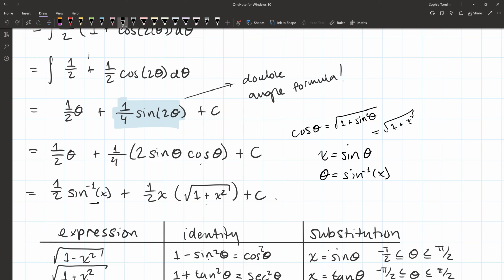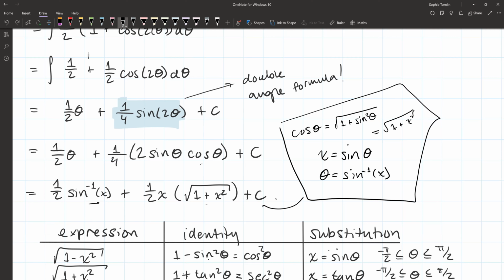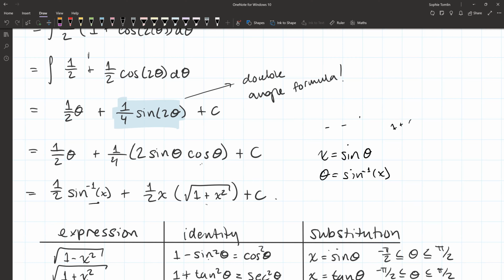And then using these handy little things, we substitute our functions in terms of x back in, and we're left with 1/2 of the inverse sine of x plus 1/2 x times the square root of 1 minus x squared plus your constant of integration.